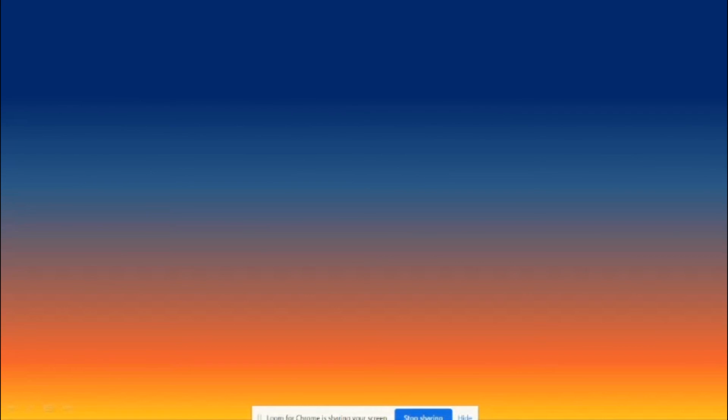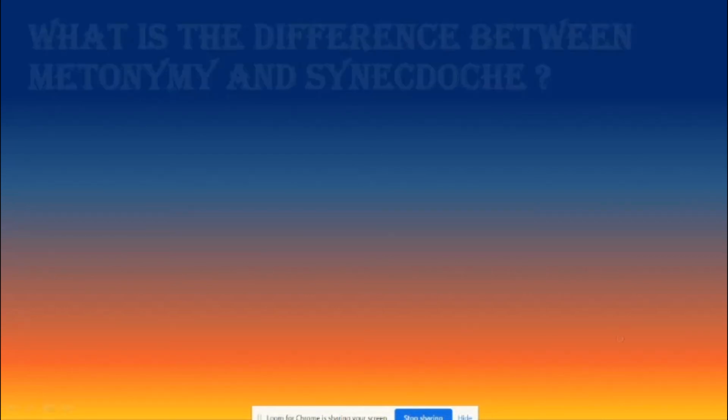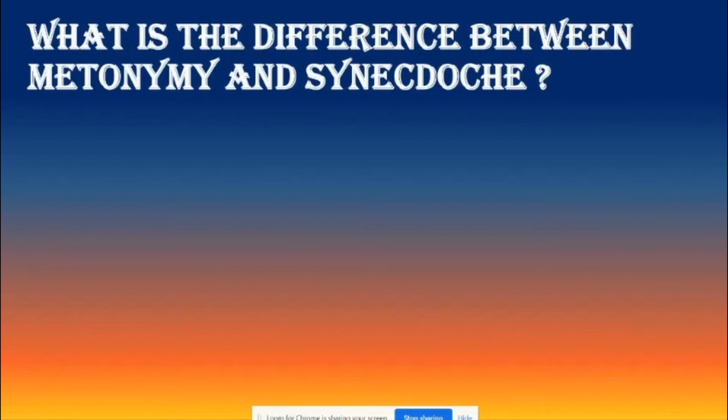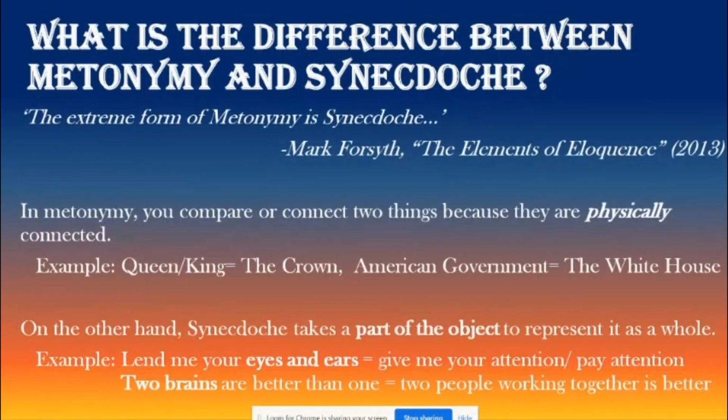So metonymy and synecdoche is really close. So what is the difference between metonymy and synecdoche? According to Mark Forsyth in one of his books, The Elements of Eloquence, the extreme form of metonymy is synecdoche. So in metonymy, you compare or connect two things because they are physically connected.